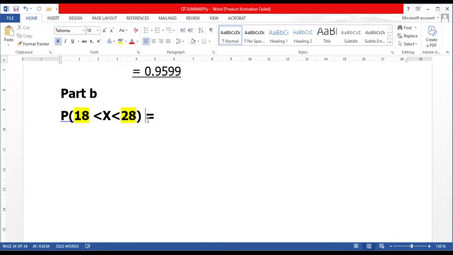Okay, so when we standardize this 18, what do we get? Probability of, standardize, guys. You always need to standardize.